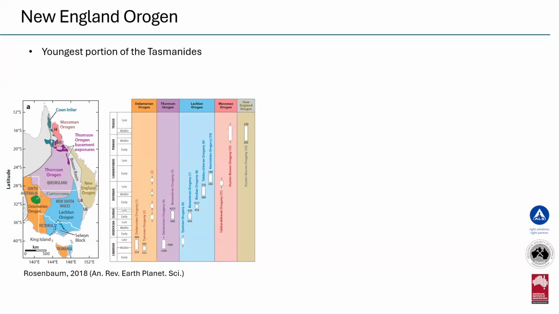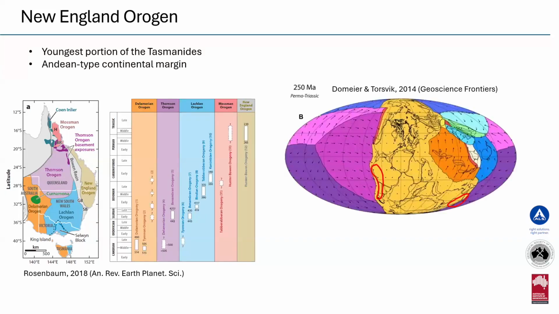It is also the youngest portion of the Tasmanides, and it records a long-lived subduction environment. So the New England Orogen is a subduction-related orogen.